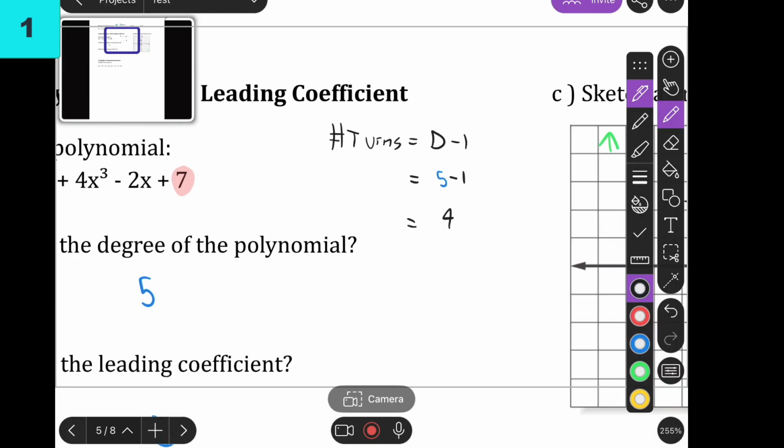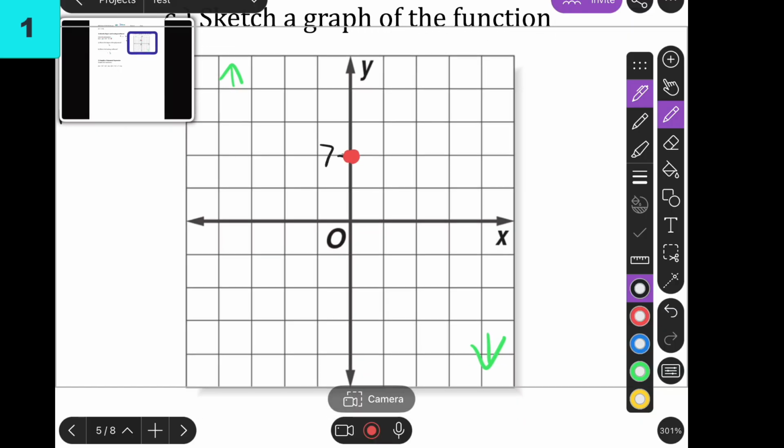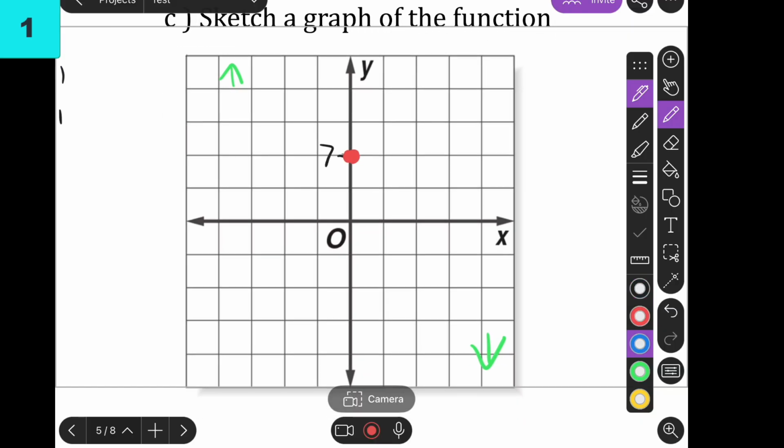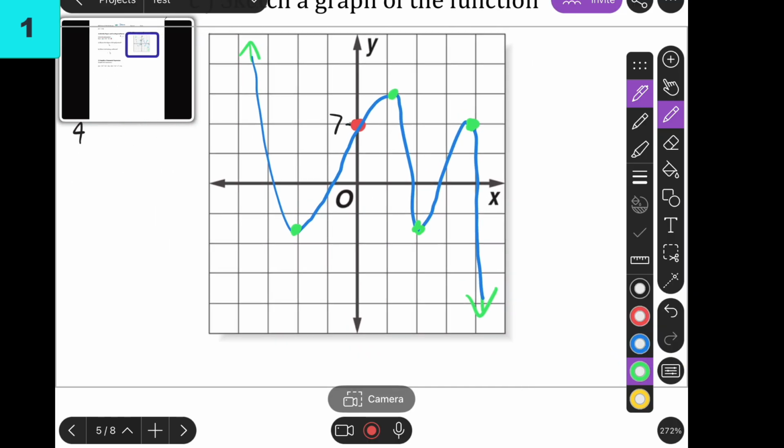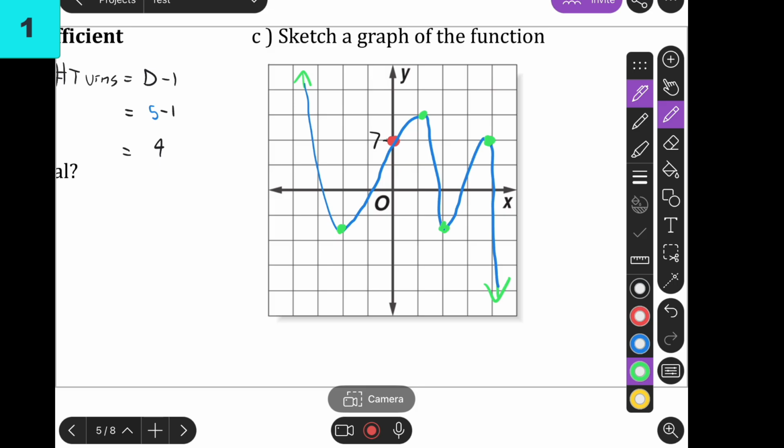So I have 4 turns. So when I go ahead and sketch this, I can go ahead and actually do 4 rough turns. Maybe 1, 2, 3, 4. It does not have to be perfect. The idea is that you do 4 turns and the end behaviors start off on the left-hand side, so going up, and the right-hand side crashes down. So this is how I sketch it.